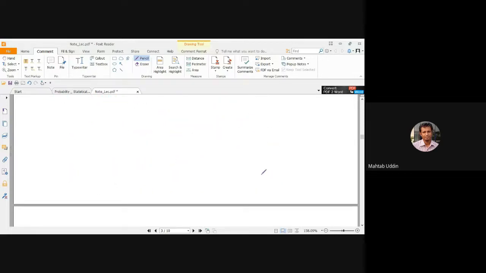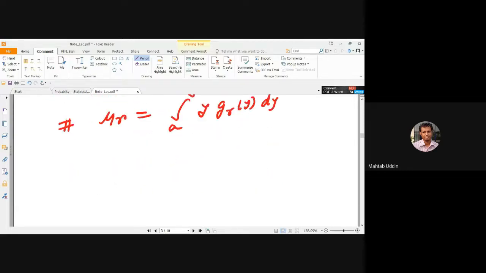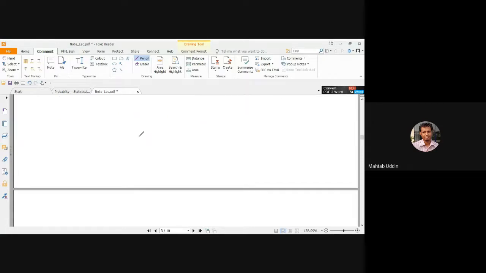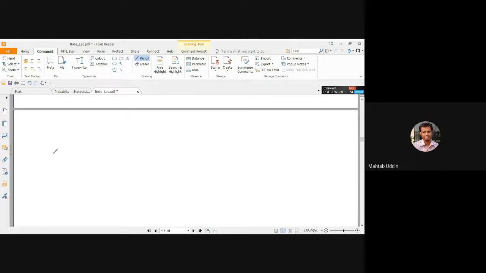Now what is the formula? We are going to example 2 and 3. We are given f(x) is twice x and the limit is given 0 less than x less than 1.